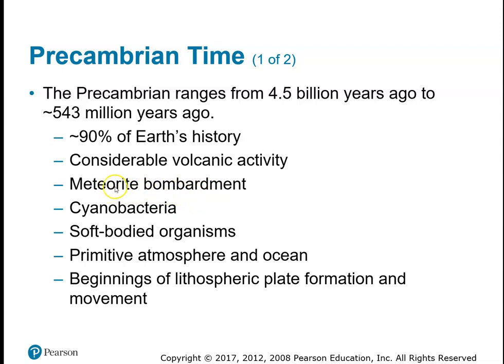And what happened, and we'll explore this in a little bit more detail when we get to the chapters on astronomy, is that an object, and we estimate the object to be about the size of Mars. It's, of course, not Mars, but there was another planet. In fact, we think there were dozens of planets in the early solar system, and really the 8 that we have now are the survivors.